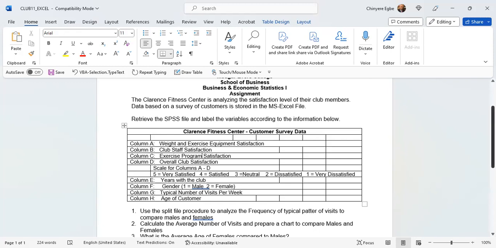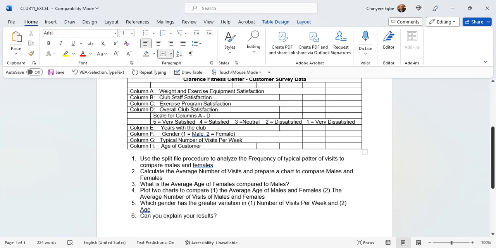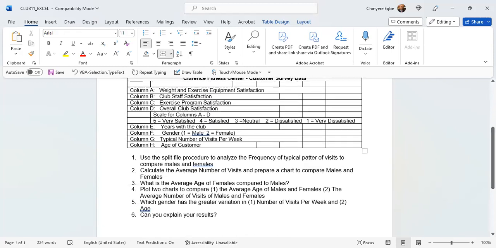So what we're doing in this homework assignment is looking at a descriptive situation. The problem that we have is a descriptive statistics problem. We look at a consumer satisfaction survey. We ask ourselves, what is the average age of the males in this survey?